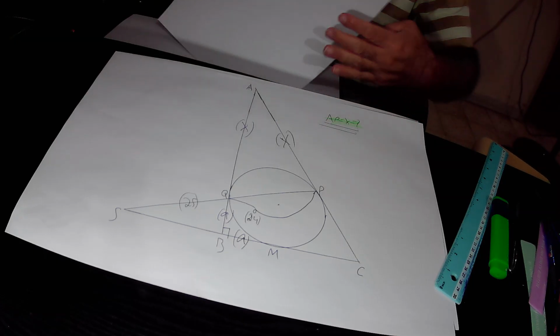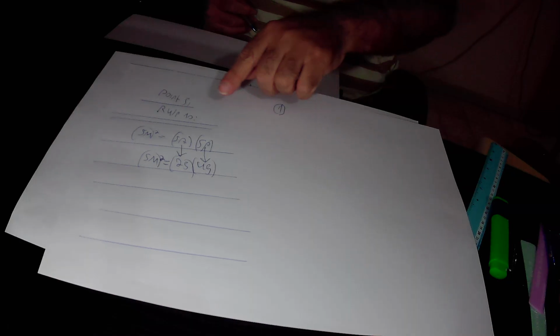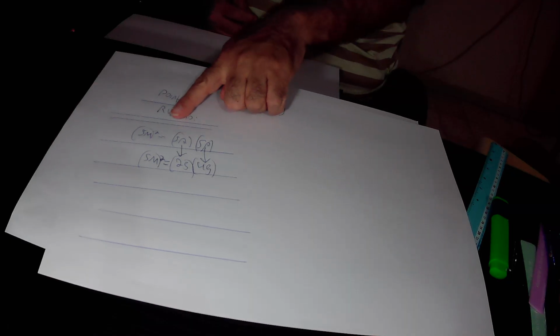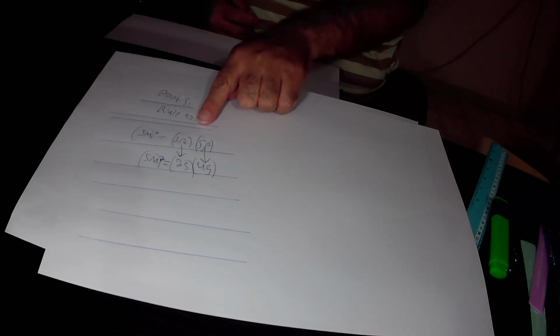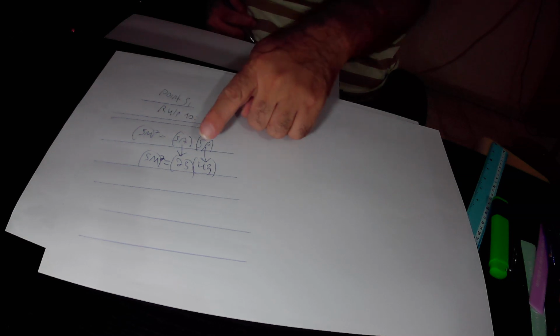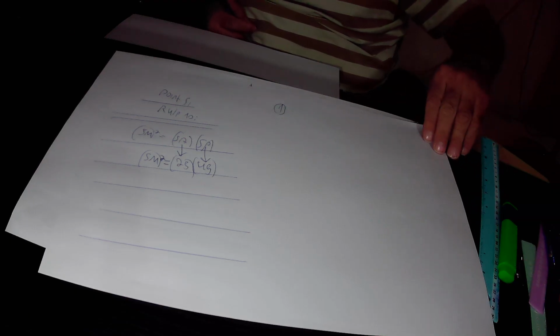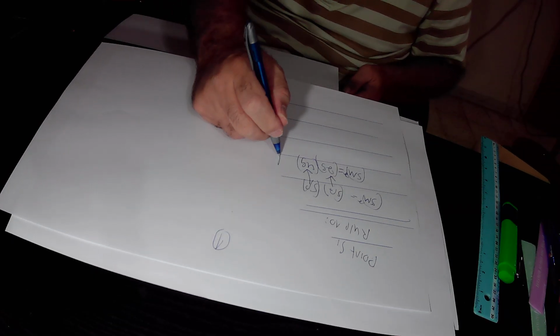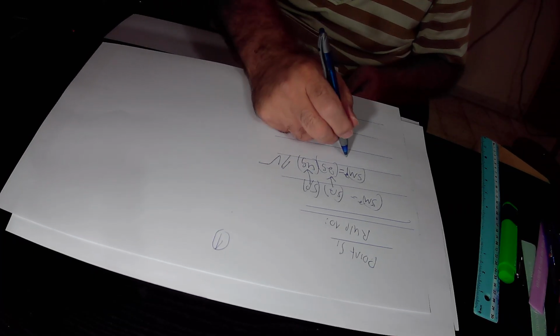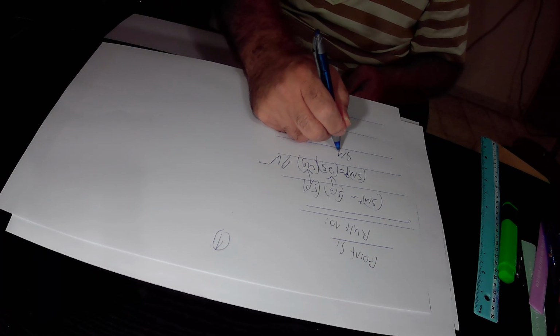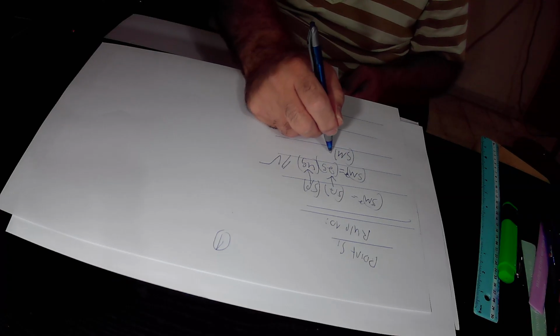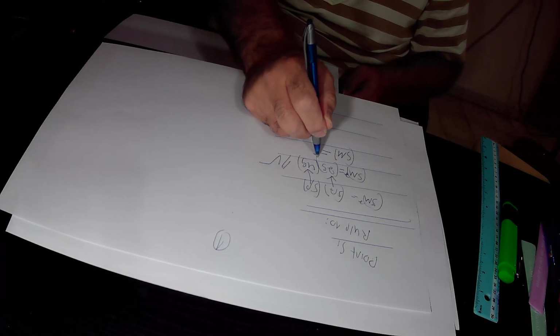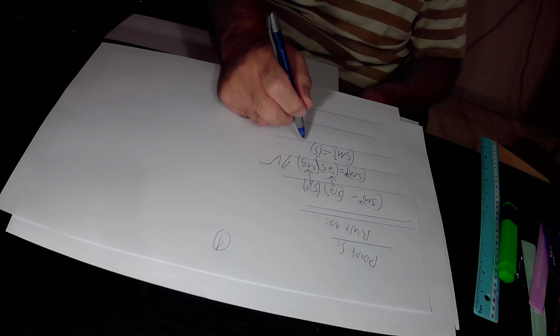Again, SM squared equals SQ times SP. SM squared equals SQ, that is 25, times SP, that is 49. Here we take the square root of this equation. We find that SM, the missing tangent, is equal to the square root of 25, that is 5, times the square root of 49, that is 7.